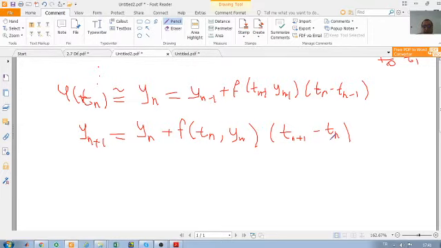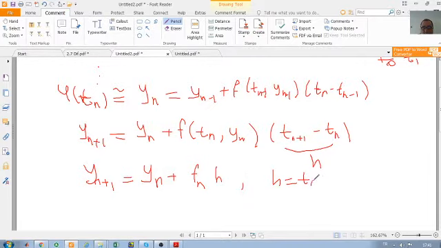If we have a constant difference for the values of t, namely the same difference for each step, we can write this formula shortly: y n plus 1 is equal to yn plus fn times h, where h is equal to tn plus 1 minus tn, and n can be 0, 1, 2, and so on.